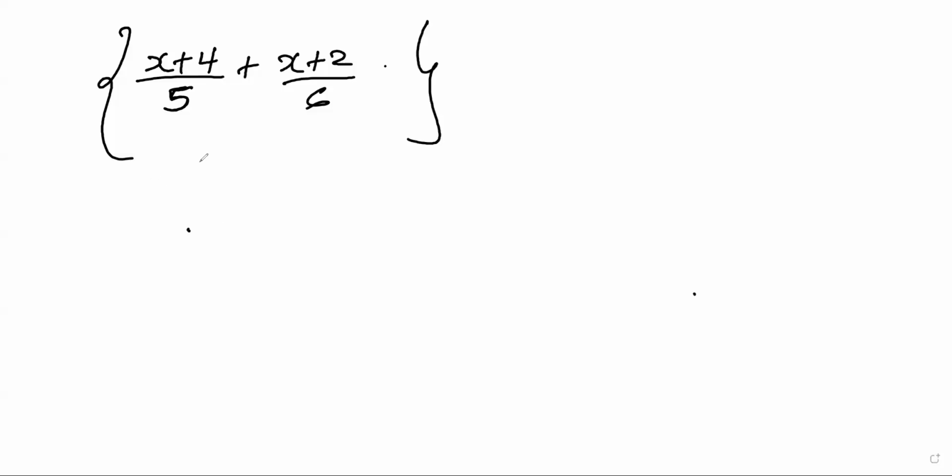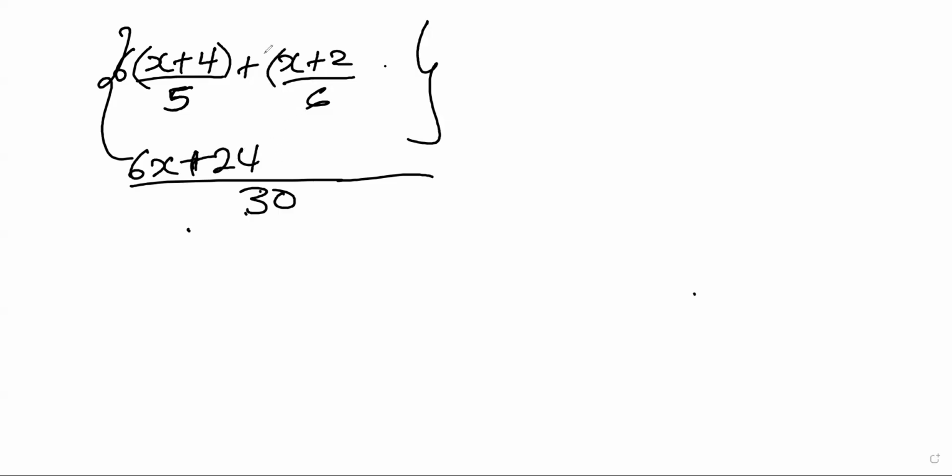Let's simplify. So the LCM would have been 30. 5 into 30, 6 times. 6 times x, 6x. 6 times 4, 24. 6 into 30, 5 times. 5 times x, 5x. Remember, both terms should be multiplied by 5.